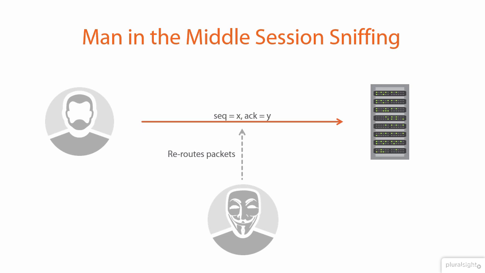Now, how do they do this? Well, one option would be to forge ICMP packets, so the Internet Control Message Protocol, which would give them the ability to redirect traffic between the client and the host such that it passes through the attacker's machine. Another option is ARP spoofing, so exploiting the Address Resolution Protocol such that the ARP tables are modified via a forged ARP reply and the victim's traffic is sent via the host.